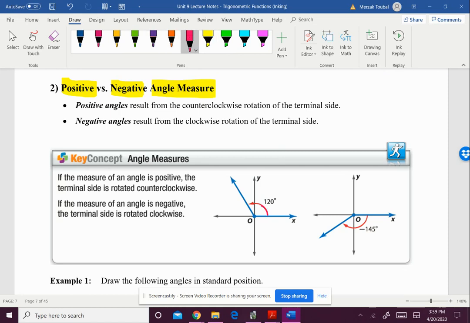If the terminal side is rotated clockwise, then the angle is negative. As simple as this.